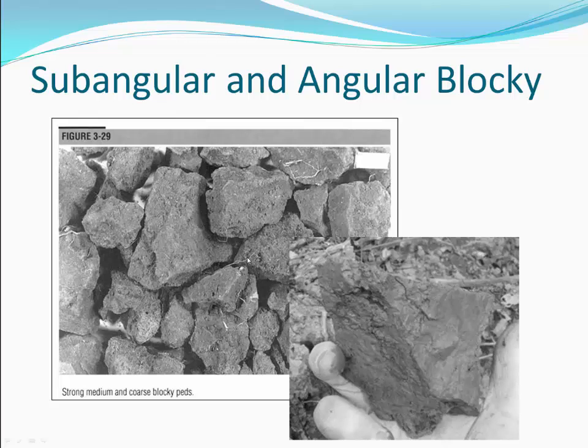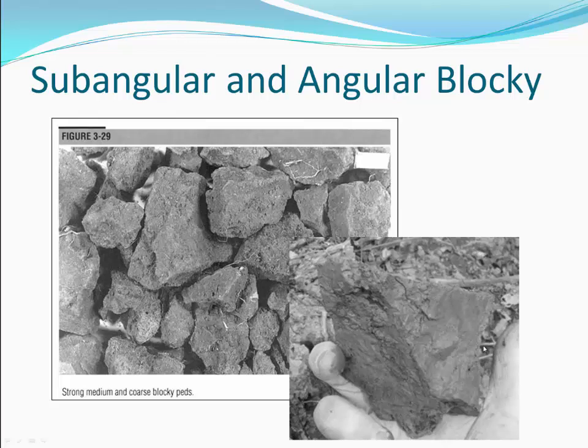Now, a few of these angles are the angle of the intersection of the surfaces, a few of these are fairly sharp, but most of them are sub-rounded. And in this particular slide on the right, you can see that the edges of this aggregate, first of all, it's quite large. This came from deep in the subsoil and from a limestone soil with quite a bit of clay.